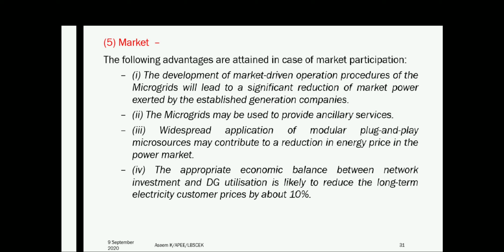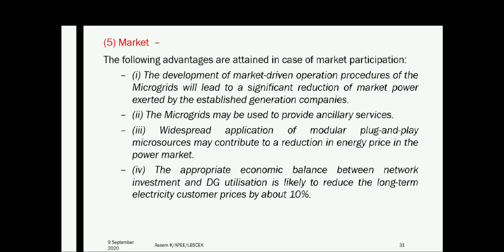This kind of distributed energy resource will lead to a reduction in the energy price in the power market, because they also come into the market as competitors. The appropriate economic balance between network investment and DG utilization is likely to reduce long-term electricity customer prices by nearly 10%.